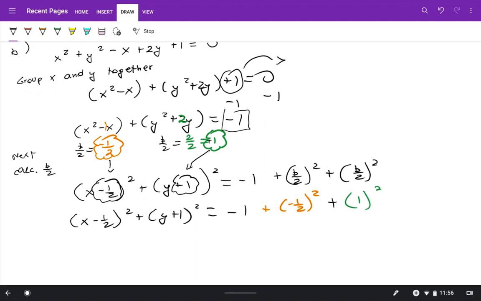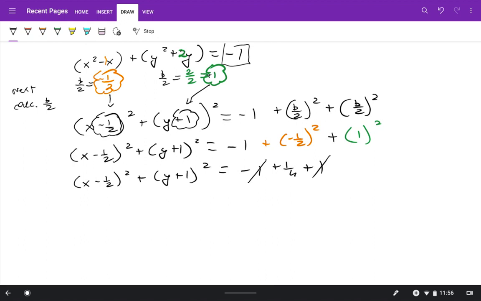So just simplify the right side, and we have x minus 1/2 squared plus y plus 1 squared equals negative 1 plus 1 over 4 plus 1. Cancel, cancel. And the standard form is x minus half squared plus y plus 1 squared equals 1 over 4.